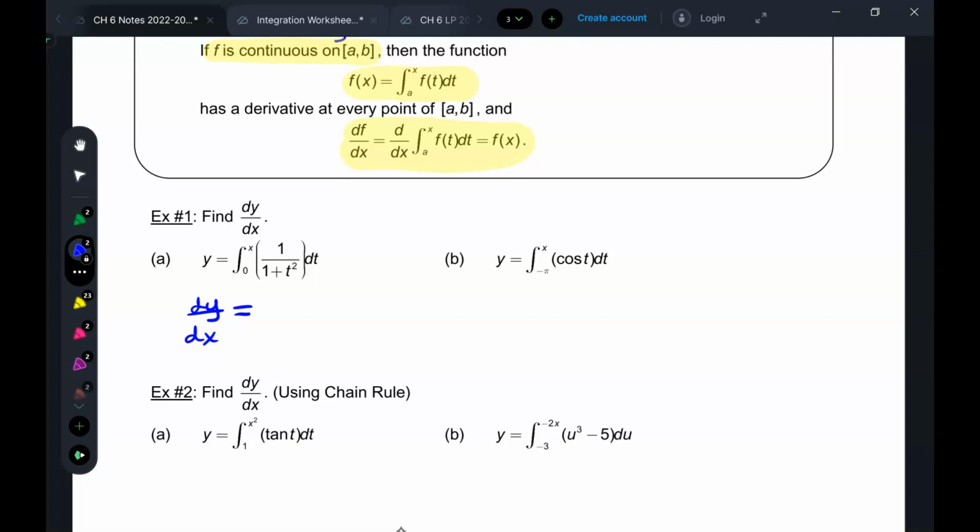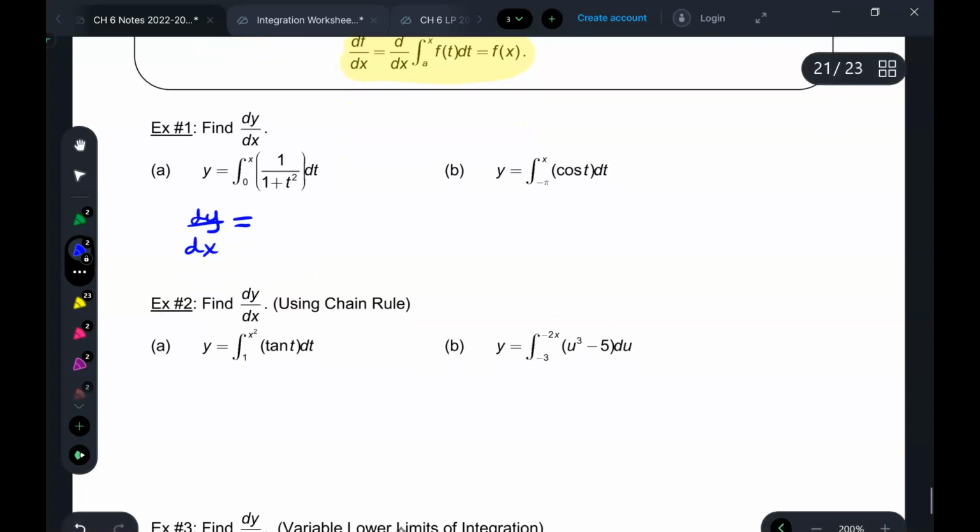So 1 over 1 plus t squared. So basically what I'm saying is I don't have to find the integral at all. The derivative of the integral is just going to give me back what I started with, but we're going to replace t with x. So in other words, there's no work to do. Nothing to do for these first two.